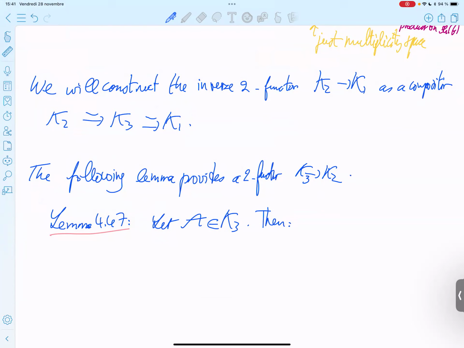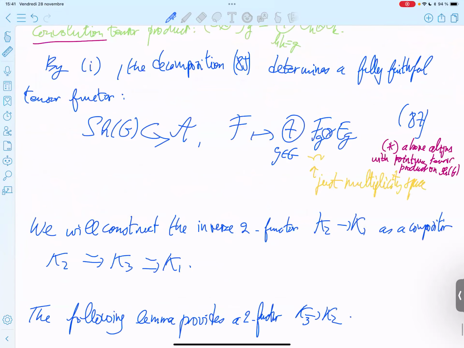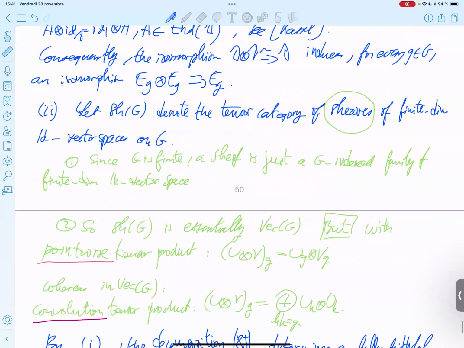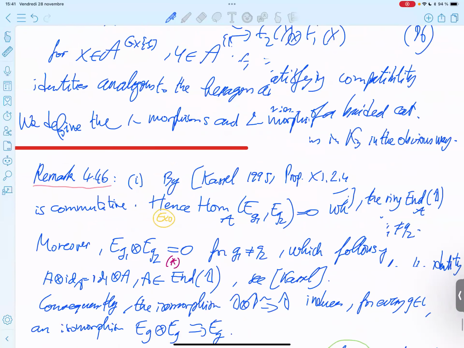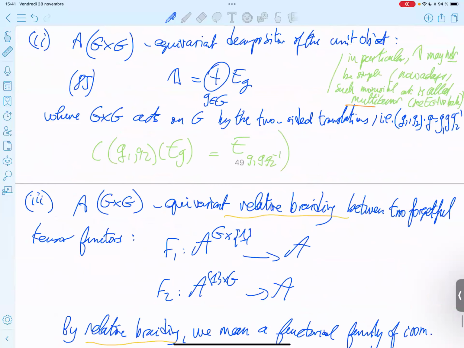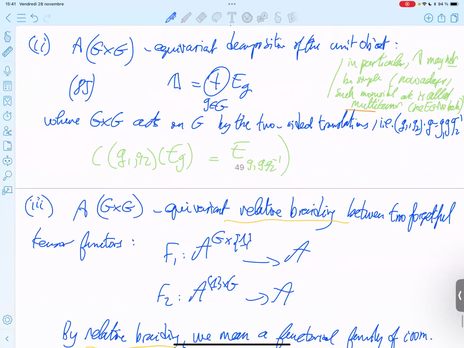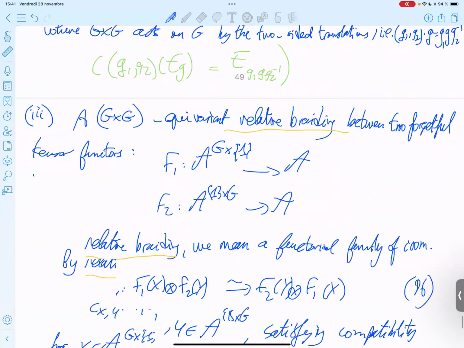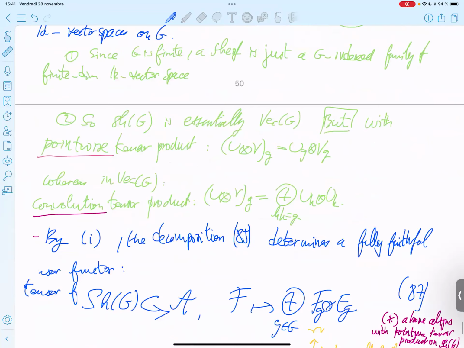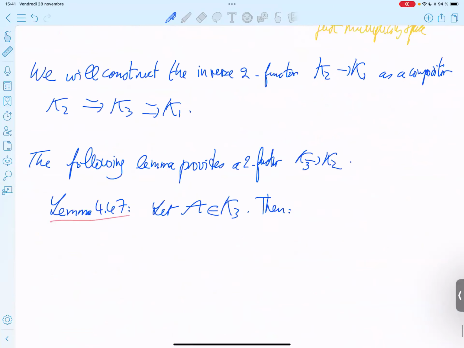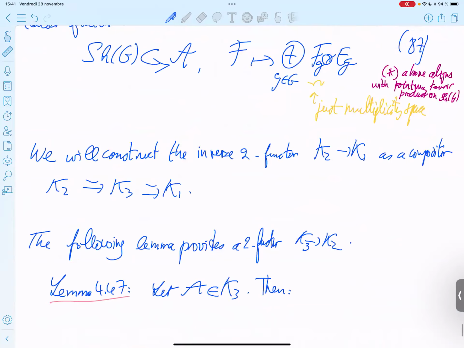So we want to take a category of this form, A, and we want to make a braided fusion category containing rep-G. So this A in K3 is not braided.